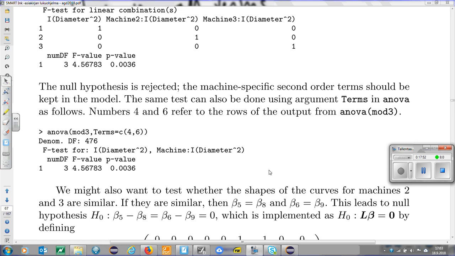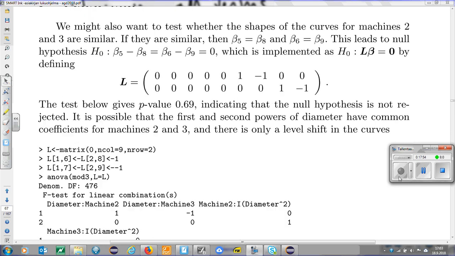We might also be willing to test whether the shapes of the two machines are similar. I'm not sure if that makes sense from a technological point of view, but technically it's interesting. So it means that we would set beta 5 equal to beta 8 and beta 6 equal to beta 9. So it means that the first and second order terms for machines 2 and 3 would be equal.